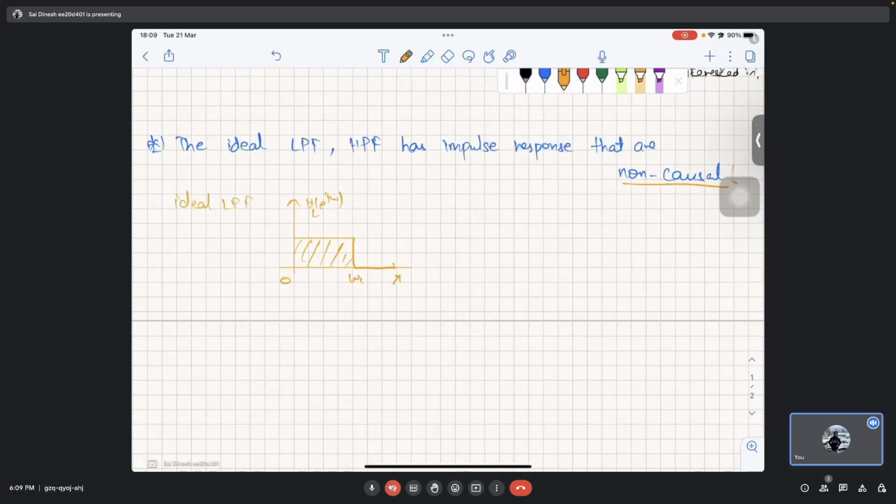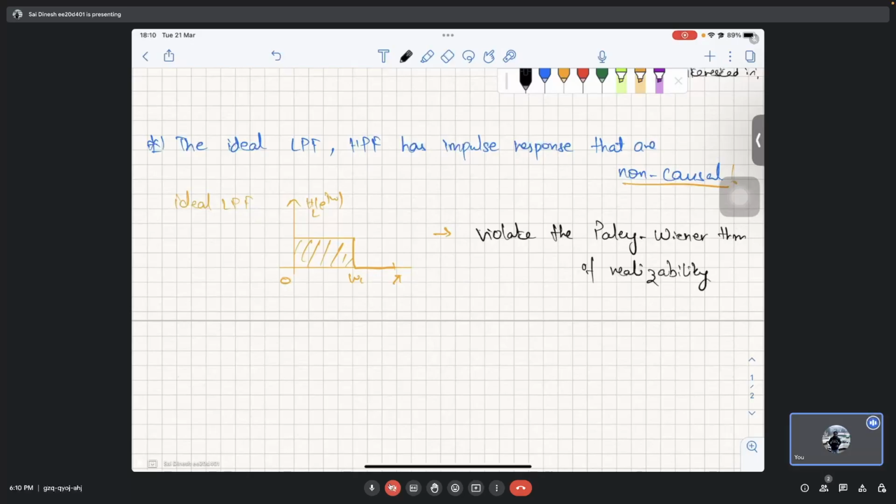Actually, we have done an example on the Paley-Wiener theorem, right? So they violate the Paley-Wiener theorem of realizability.